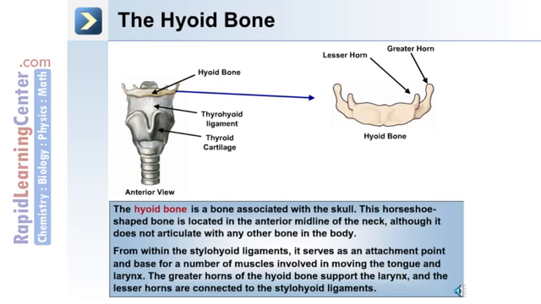From within the stylohyoid ligaments, it serves as an attachment point and base for a number of muscles involved in moving the tongue and the larynx. The greater horns of the hyoid bone support the larynx, and the lesser horns are connected to the stylohyoid ligaments.